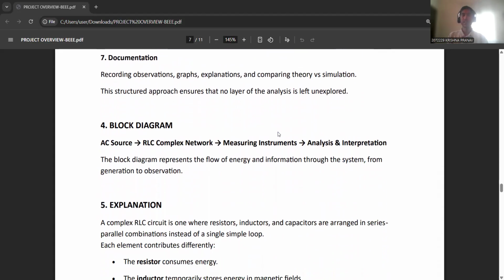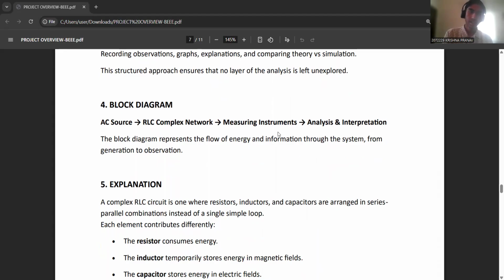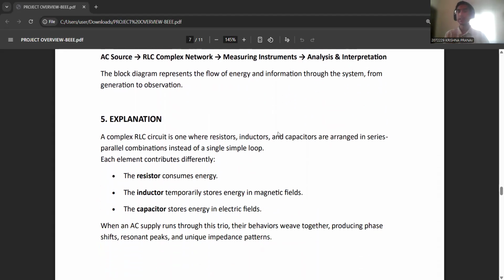Block diagram. AC source, RLC circuit, then measuring instruments, and then analysis. Explanation. A complex RLC circuit is one where resistors, inductors, as well as capacitors are arranged in series parallel combination instead of a single simple loop.